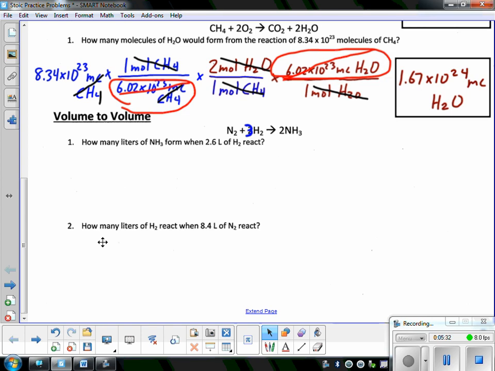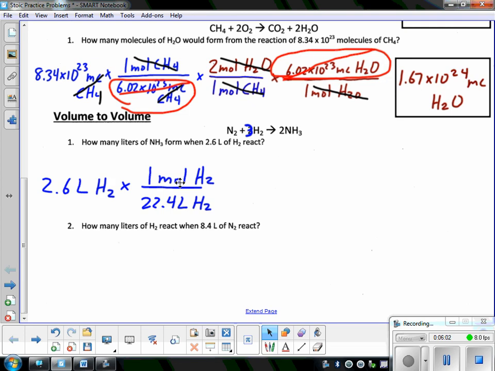This one is very simple, just like the previous one, except now we're dealing with smaller numbers. We don't have to deal with the 6.02 times 10 to the 23rd. If you remember from the previous unit, when you do a liter to mole or a volume to mole conversion, there are 22.4 liters in every mole, regardless of the substance.